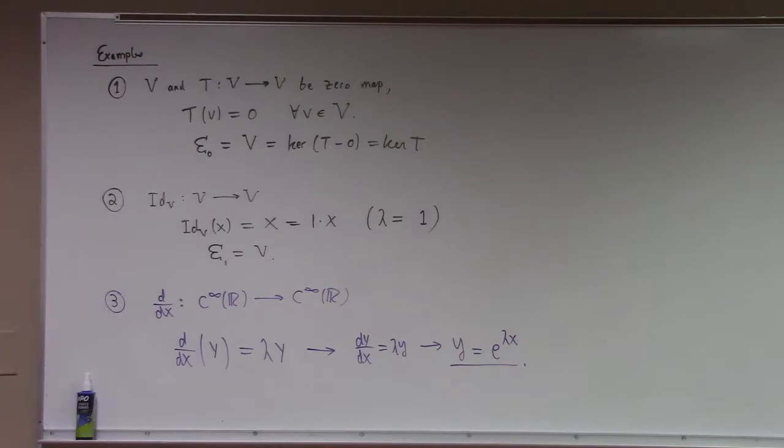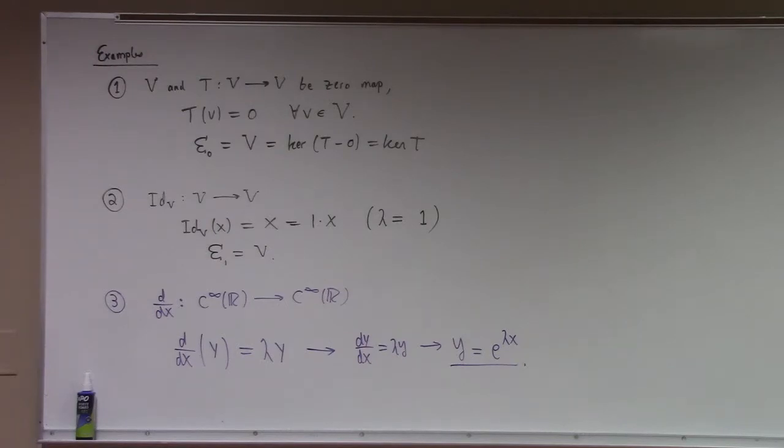So what are the eigenvalues of the differentiation operator acting on smooth functions? I mean, my zero map had eigenvalue 0. That was it. My identity map had eigenvalue 1. That was it. There were no other eigenvalues, right? How about this? What are the eigenvalues? By the way, the set of eigenvalues is typically called the spectrum of the operator because of the physical interpretation of eigenvalues as it relates to energy levels in quantum mechanics and spectroscopy.